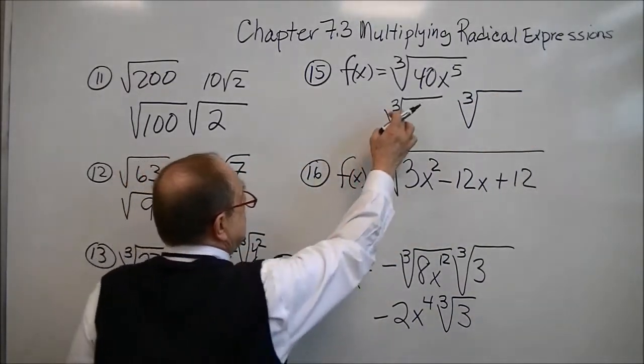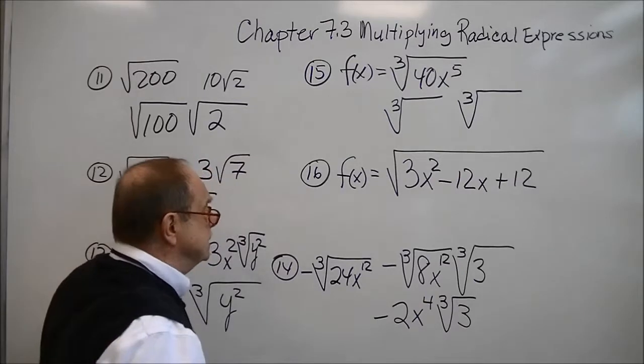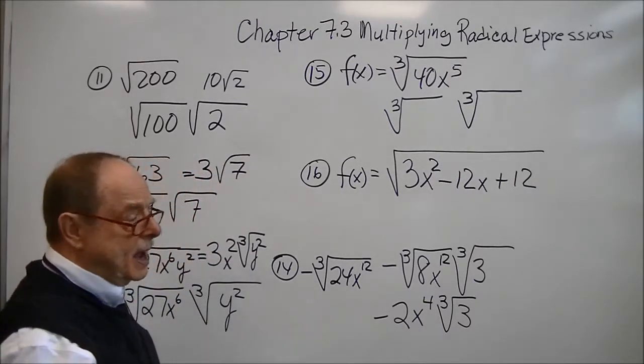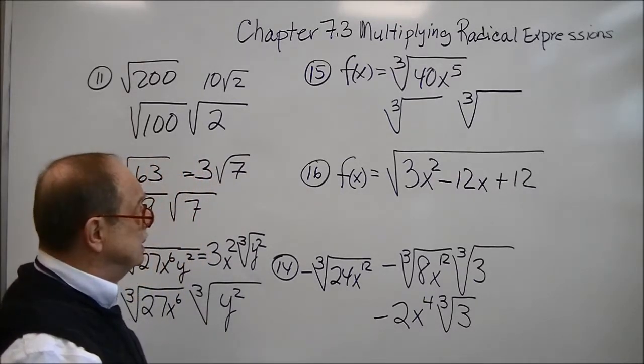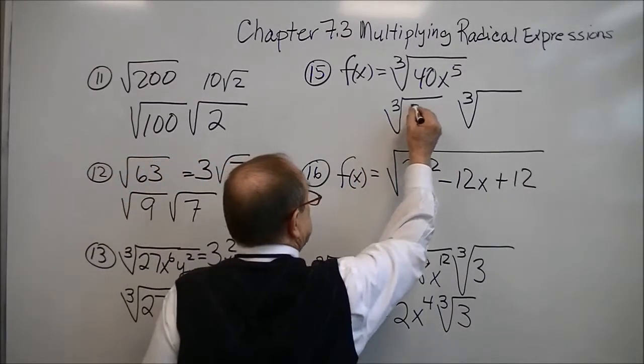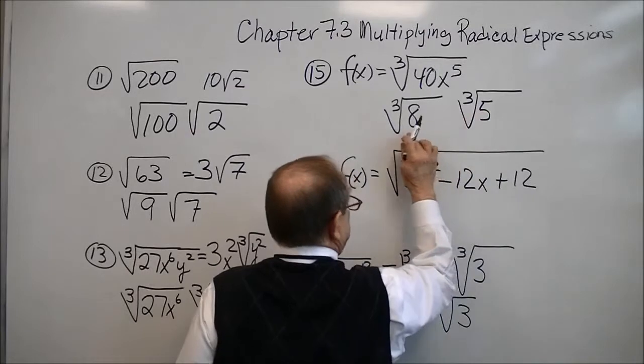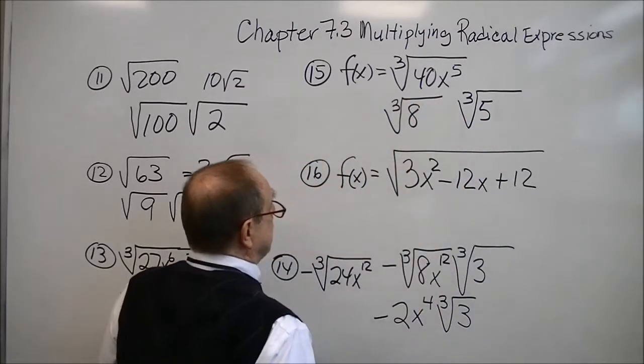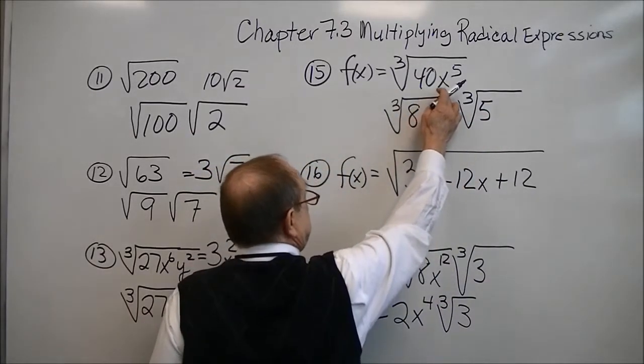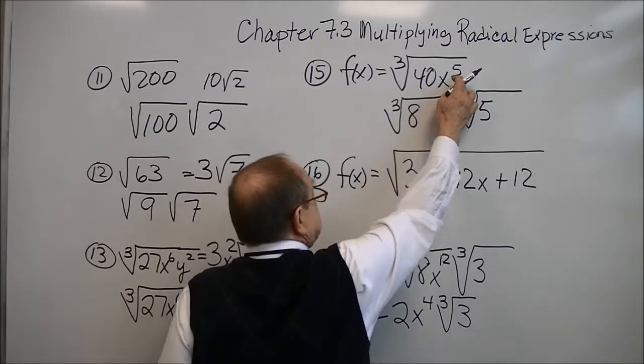Now, as we look at the number 40, is there a perfect cube factor of 40? Yes, 8. And what's left? A 5. Remember, 8 times 5 is 40. Now, is there a perfect cube factor in x to the 5th?